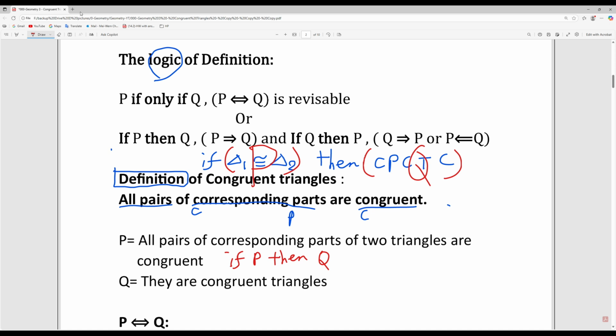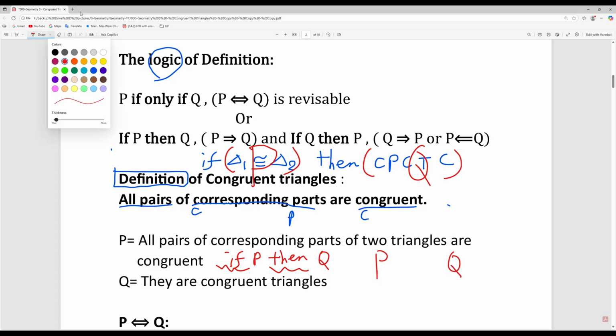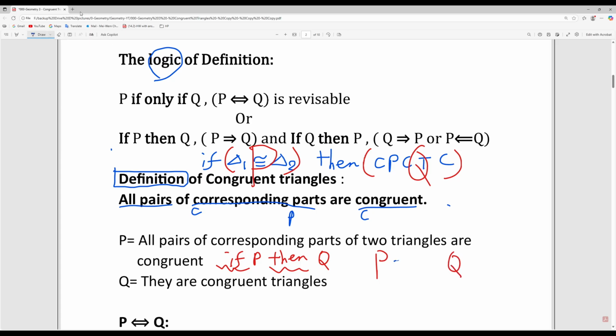And we have a symbol. If-then, we say P, then Q. We use this symbol. It means if P, then Q. It's the same thing, equivalent.